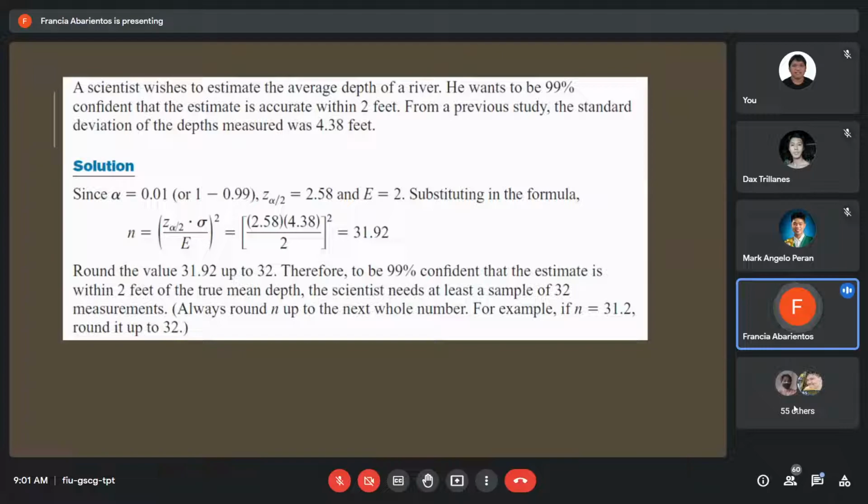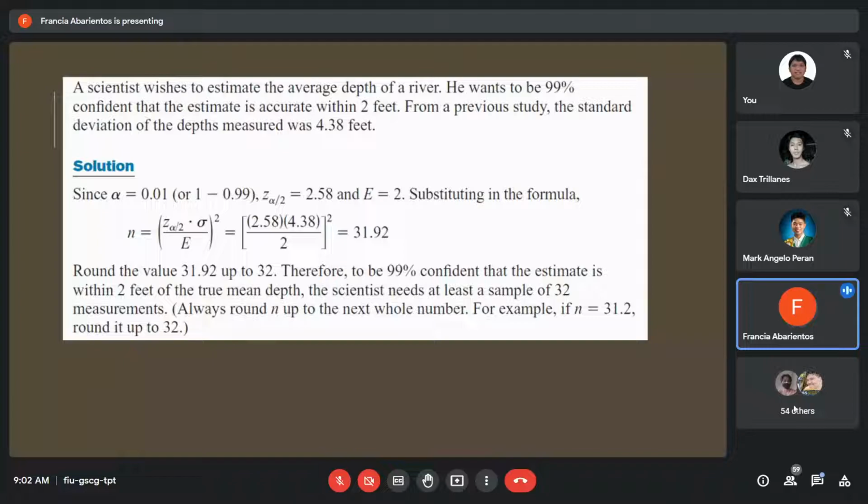So, a scientist wishes to estimate the average depth of a river. He wants to be 99% confident that the estimate is accurate within 2 feet. From a previous study, the standard deviation of the depth was measured at 4.38 feet. Since given sa atin yung alpha in the confidence interval, that is now 99%.